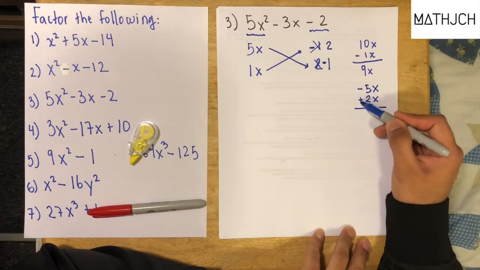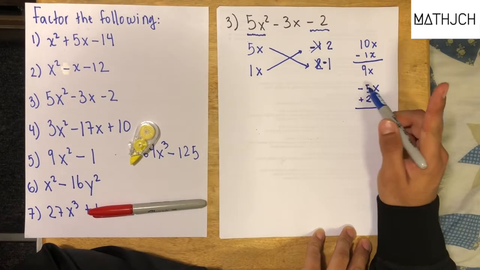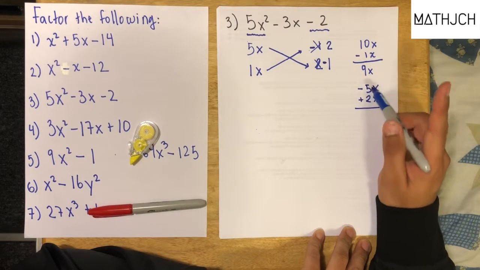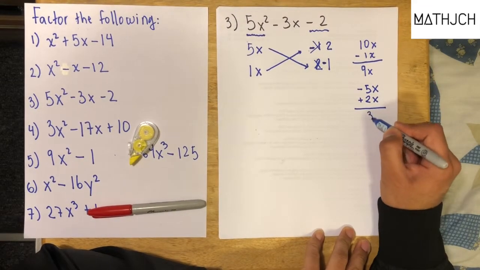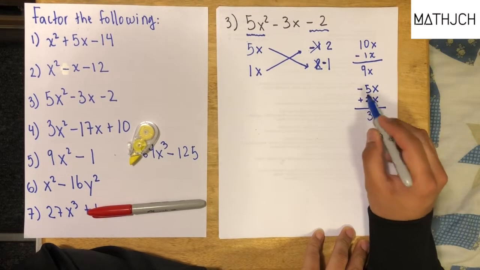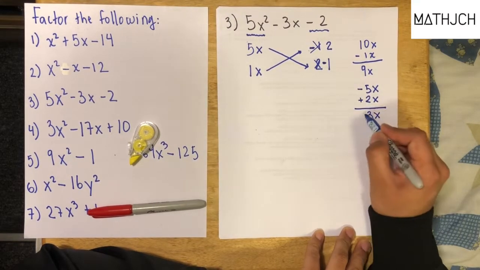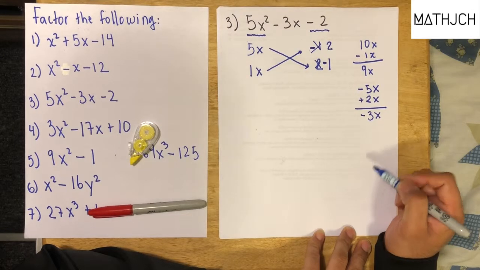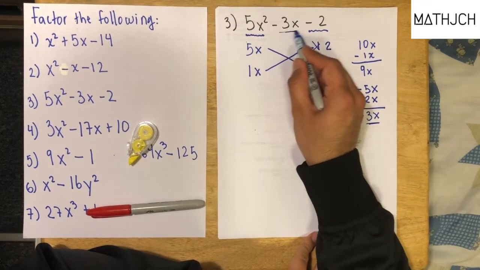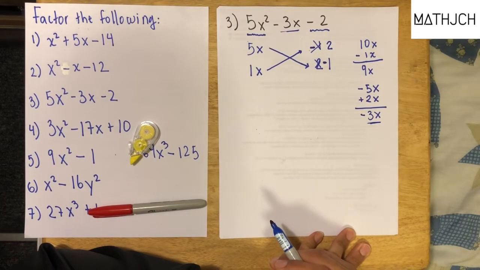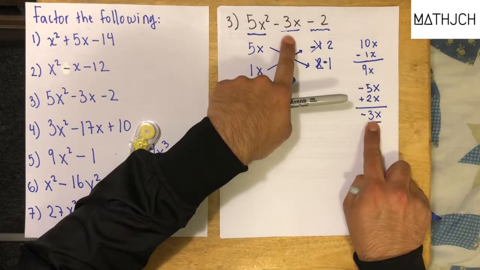Remember, with a negative and a positive, you subtract and keep the sign of the highest number. So if I subtract 5 minus 2, that gives me 3x. And since 5 is higher and it's negative, my final answer will be negative. Now notice, negative 3x here, negative 3x here. Both solutions match, right?